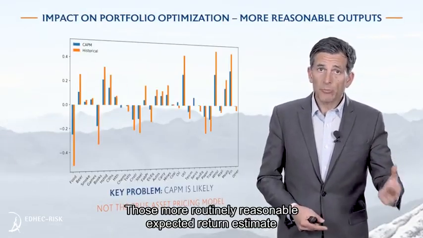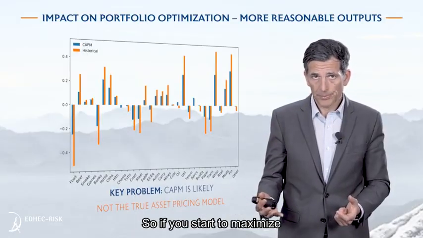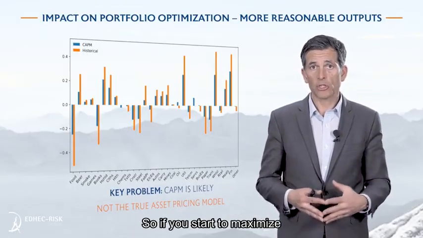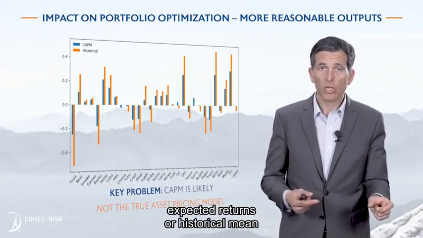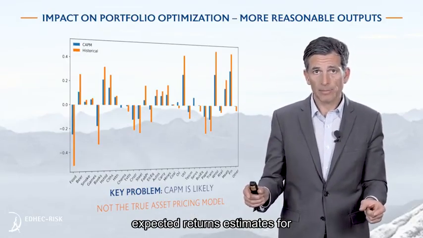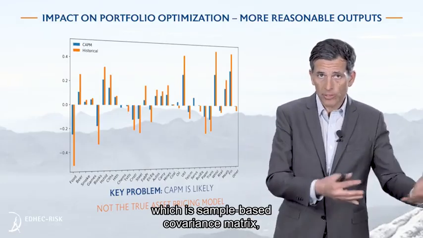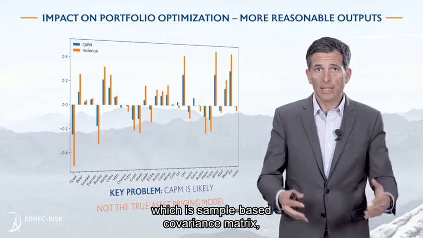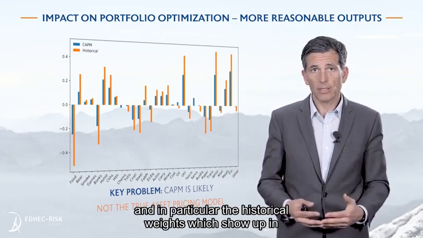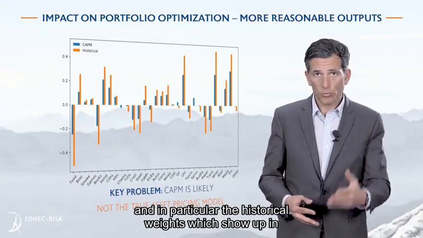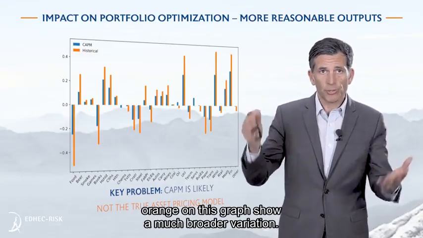Those more reasonable expected return estimates translate into more reasonable portfolios. So if you maximize Sharpe ratios based on either CAPM-based expected returns or historical mean expected return estimates, for the same covariance matrix, which is the sample-based covariance matrix, then you find portfolio weights that are very different. In particular, the historical weights, which show up in orange on this graph, show a much broader variation.